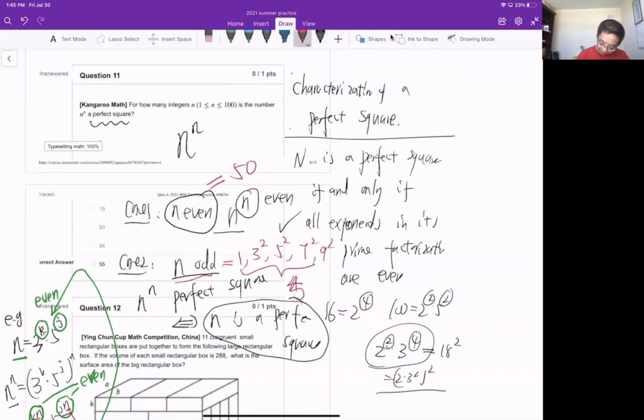So we have 5 of them. If you put them together, 50 plus 5 is 55. So in total, we have 55 numbers, all even numbers plus odd perfect squares, that satisfy that n to the n itself is a perfect square.